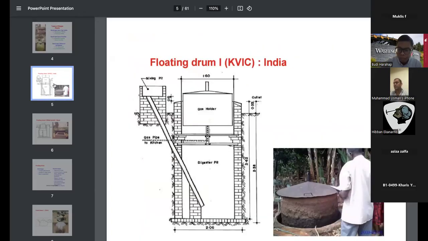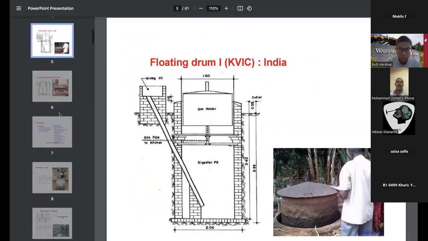If you see the next slide, now I have taken pictures from different parts of the world, which are the common designs being used in different places. This is a common type of biogas plant. It is named the floating type biogas plant, and it is also known as the Indian biogas plant because the floating drum was first used in India.